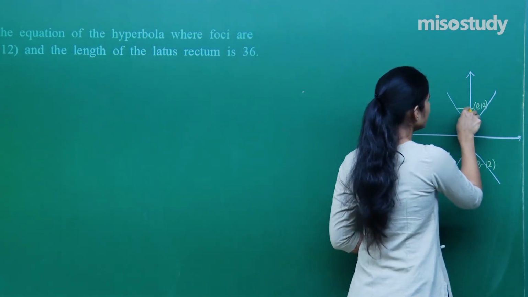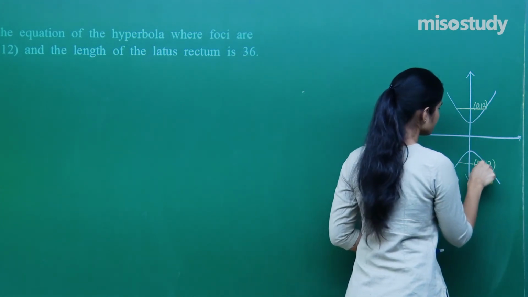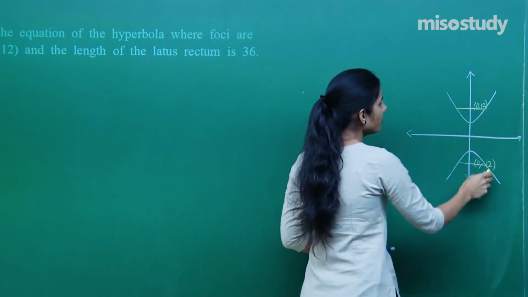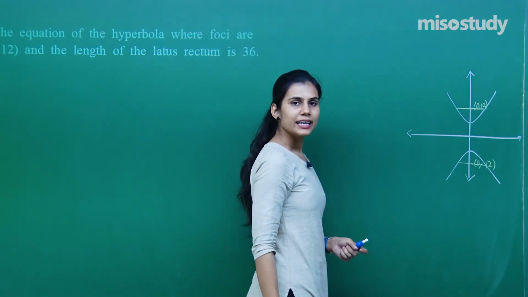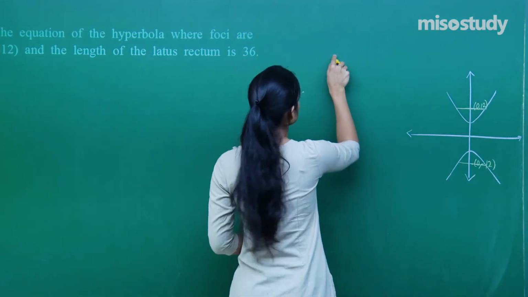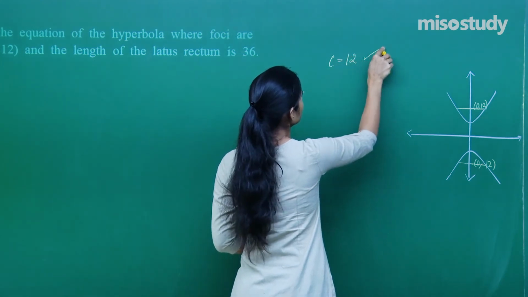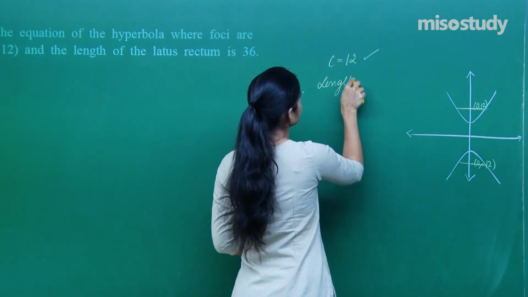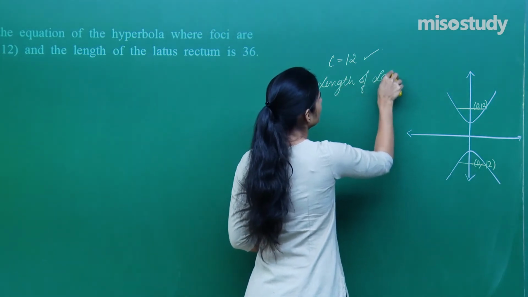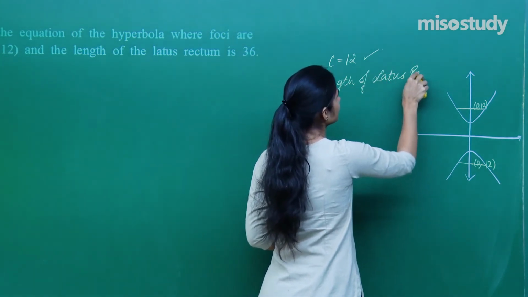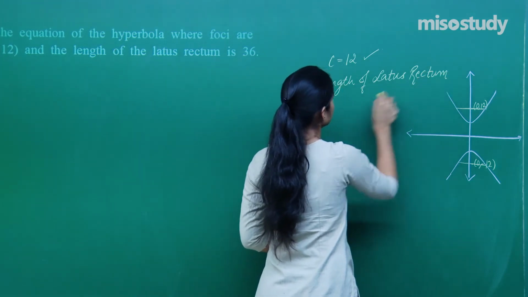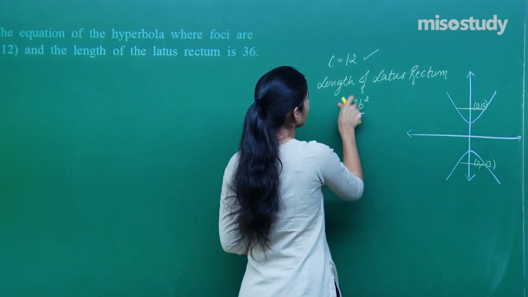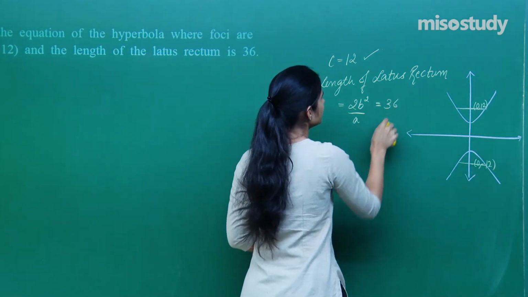I am given that the length of the latus rectum is 36. Since (0, plus minus 12) are the coordinates of my foci, c is 12. The length of the latus rectum is given by 2b square by a, which is given to be 36.